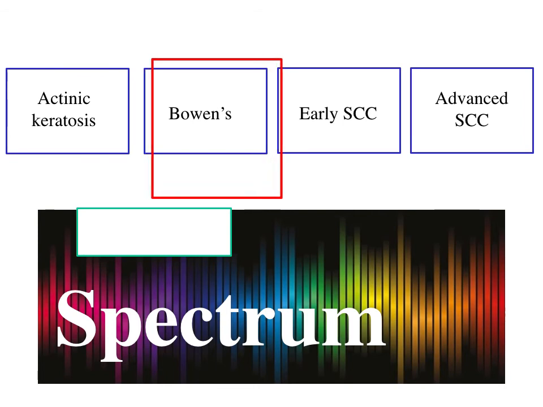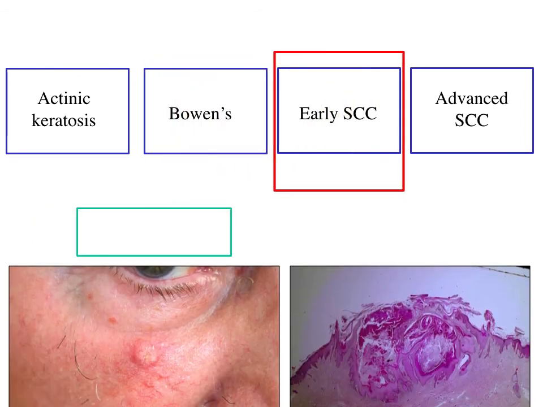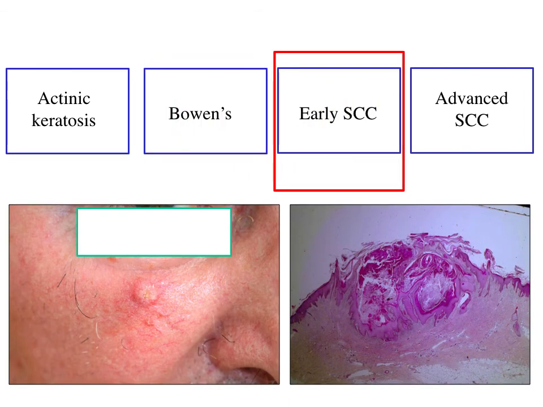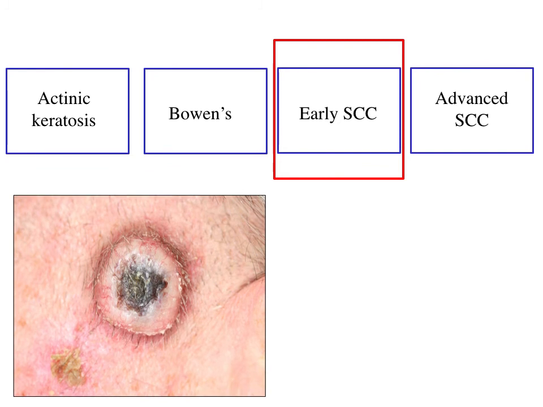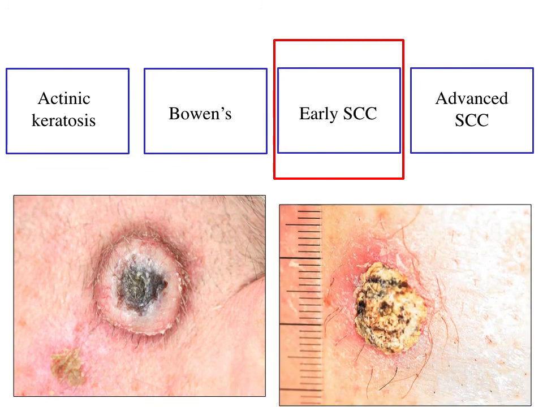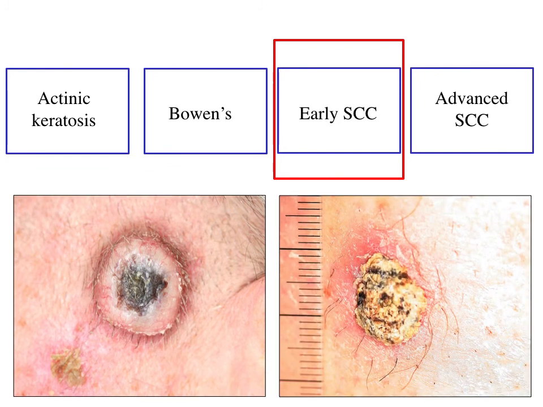In case of early squamous cell carcinoma, what we will observe is these follicular plugs, and we will observe two different aspects: crateriform squamous cell carcinoma and keratinizing squamous cell carcinoma.